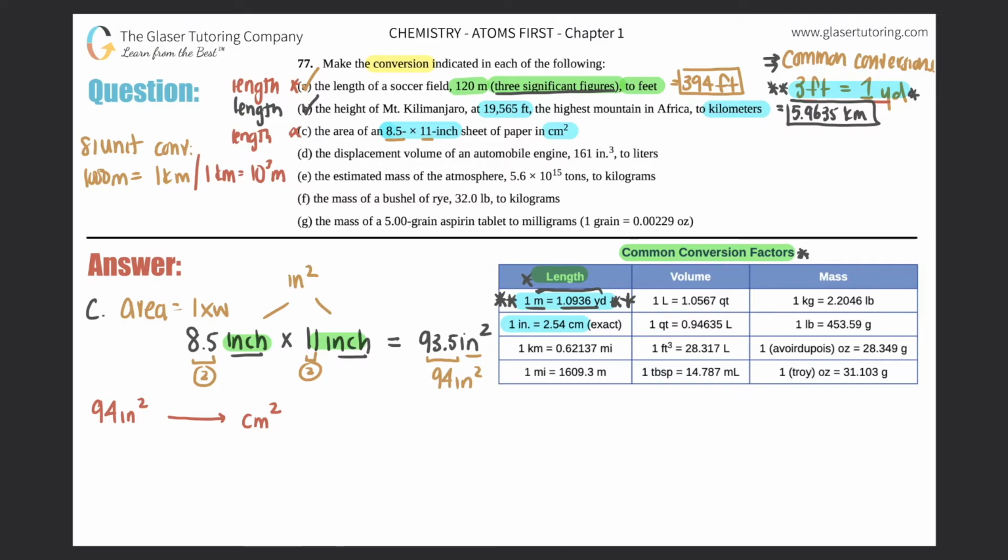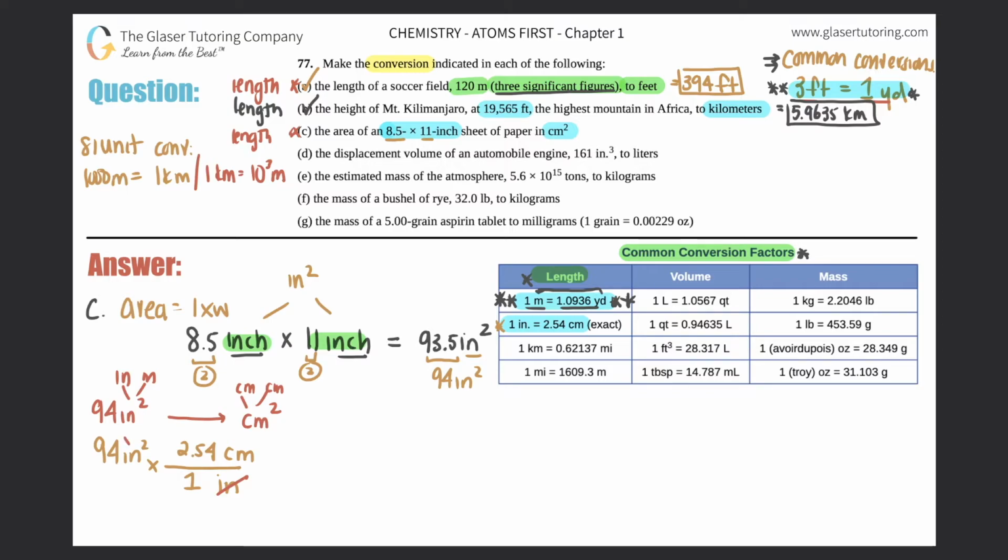But just know that inches, like we said before, is inch times inch. So you have just 2 of them. And you need 2 centimeters out at the end. So I'll show you how to do that. 94 inches squared times, do the same type of conversion. Inches goes on the bottom, centimeters goes up top. The conversion is 1 inch equals 2.54 centimeters. But now how many inches will this cancel? Oh, 1 of them, right?